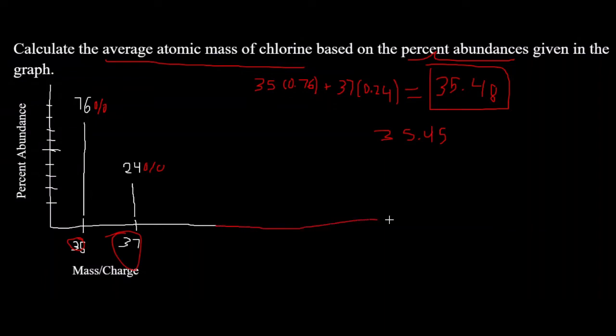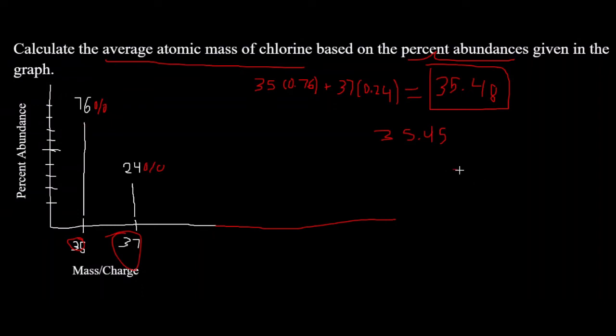Based on the percent abundances we are given and the masses, we know how many possibilities there will be, or rather, we don't know yet, but we can figure it out very easily. We know there are only two types of isotopes, one with a mass of 35 and one with a mass of 37. So to find the different diatomics, we just have to find all of the different combinations of these isotopes.